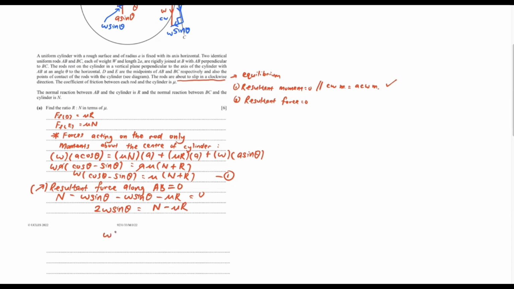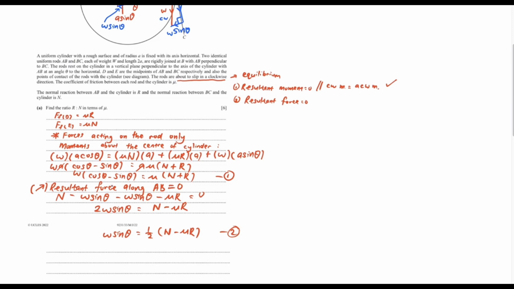Then we have W sin theta equal to 1 over 2 (N minus mu R). I call it equation 2. What we want is the ratio of R to N, so it seems we need to get rid of the W sin theta.